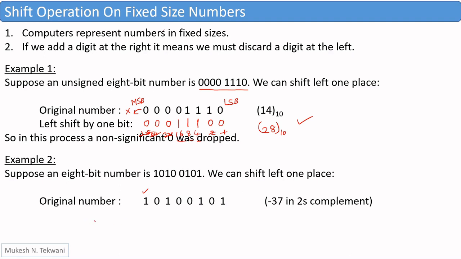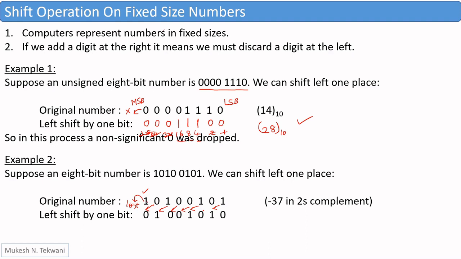Let us now carry out a shift operation, a left shift by 1. A left shift by 1 will bring each bit to the next higher position. The 0 comes into this position, 1 comes into the next higher position, and so on. But now observe something very interesting. This bit 1 is lost because there is no position to the left.